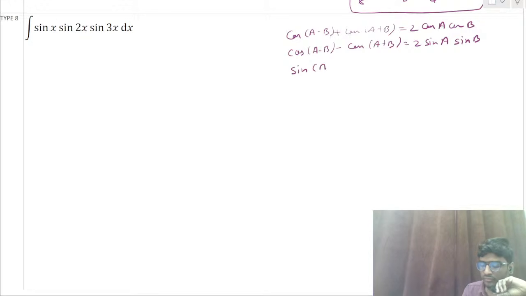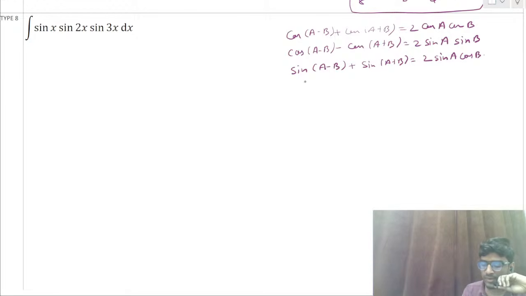And what about this? Sine of a minus b plus sine of a plus b, what does it give? It gives 2 times sin a cos b.